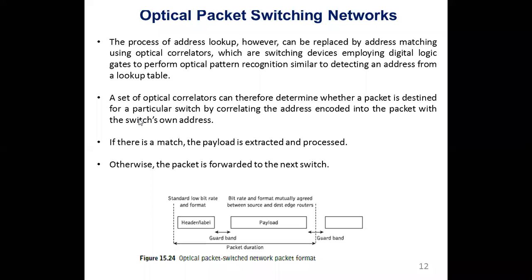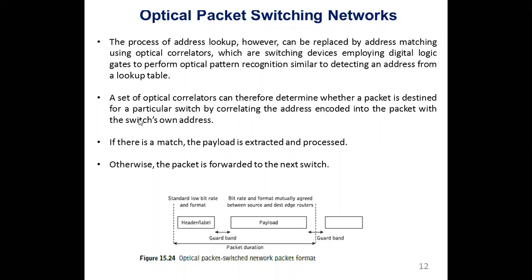So this network is very simple. You need to have an address lookup. However, this can be replaced by address matching using optical correlators. And these correlators were covered in module 4.